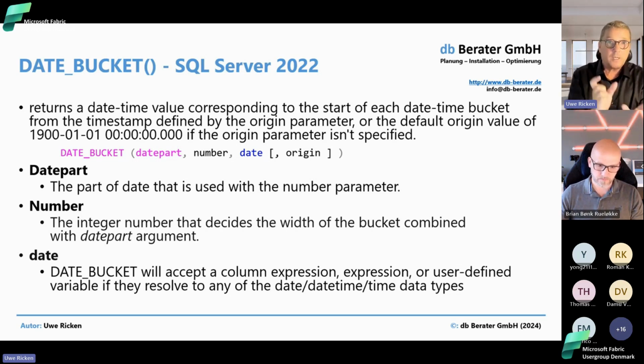Then you get a bucket for every 14 days. And afterwards, we need to have the date. The date bucket will accept a column expression. We can use a select statement. The only thing that is important is that it is a valid date or datetime. All date data types can be used.